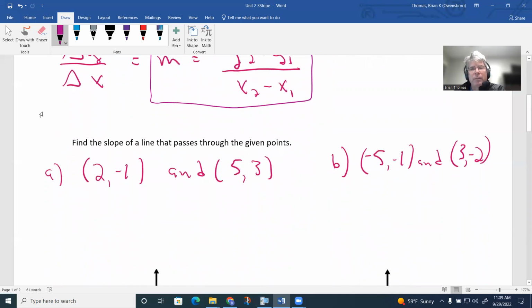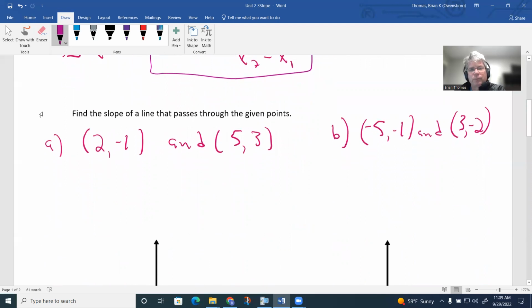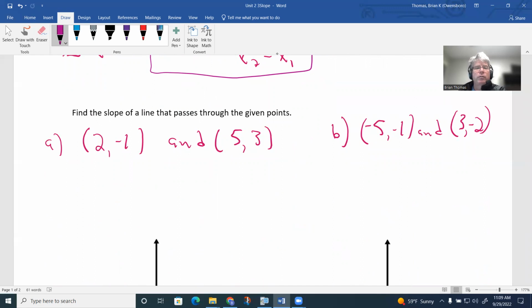Like I said, in my lab, they prefer that to be in simplest form. So if I want to find the slope of a line that passes through the given points, I can use the slope formula. M equals y2 take away y1 over x2 take away x1. Now the catch is you have to label point 1 and point 2. It doesn't matter who you call point 1 and point 2.